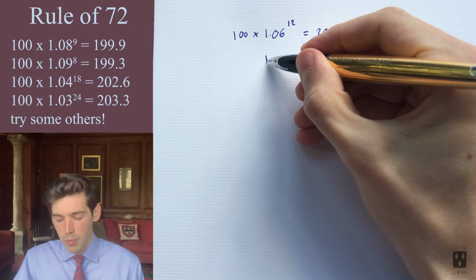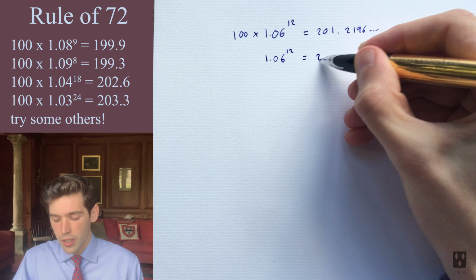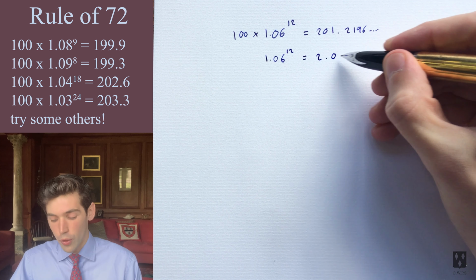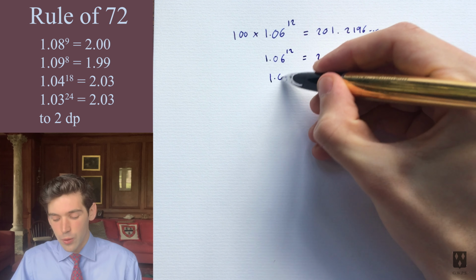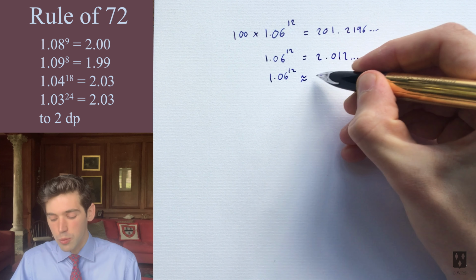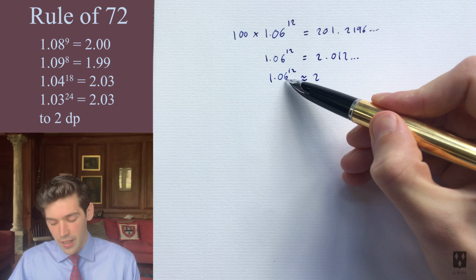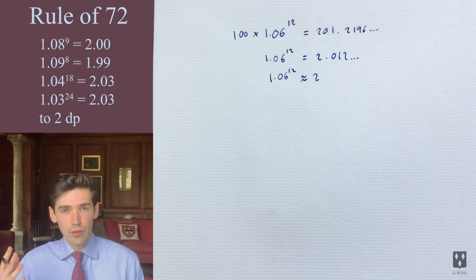So if we divide this by 100, both sides, 1.06 to the power of 12 is 2.012... And so really what we're looking at is 1.06 to the 12 is approximately 2. And then this is where the rule comes in. So 6 as a percent times 12 gives you 72.